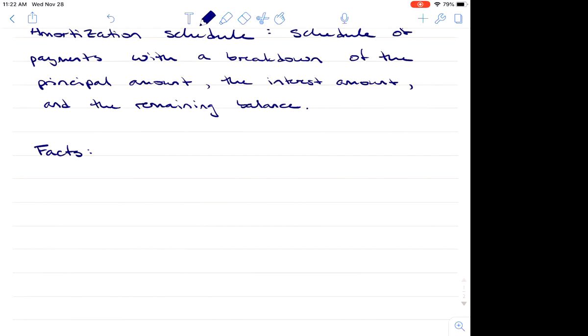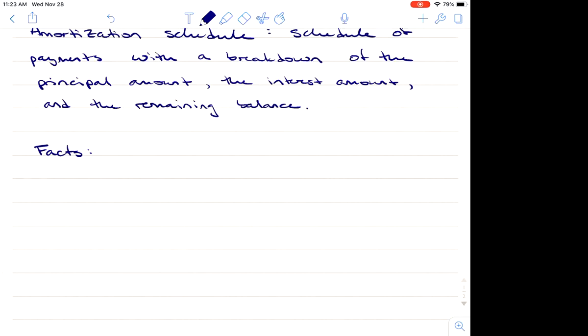The first line on this table is just going to be payment 0 and then the balance, the original loan amount. So say you get a mortgage for $200,000, then that's the balance, and that's all you have in row 0.